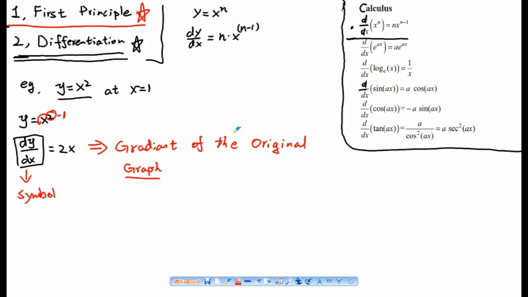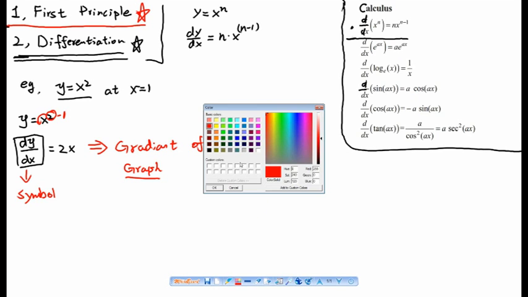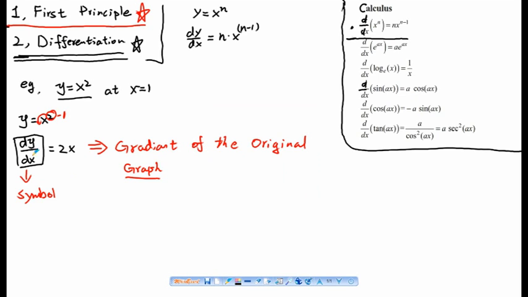After I have the differentiation function, I just substitute x equals 1 into it. So dy dx, which means the gradient, equals 2 times 1, which is 2.